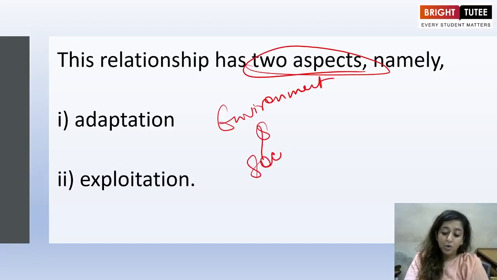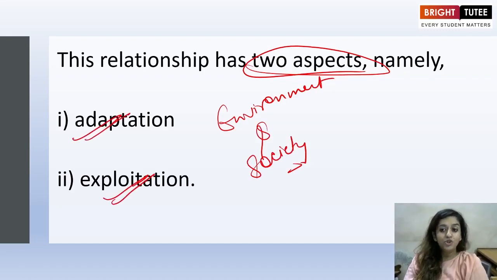These are two major aspects, which are adaptation and exploitation. We have used both of these terms while we were talking about social ecology as well. Now we will understand in a better way how these become two very major aspects while we are talking about the relationships between the environment and the society.